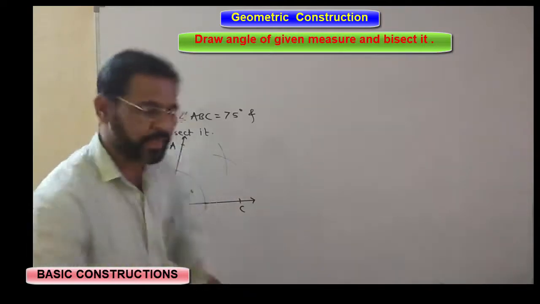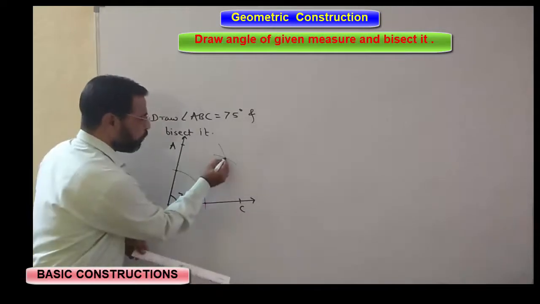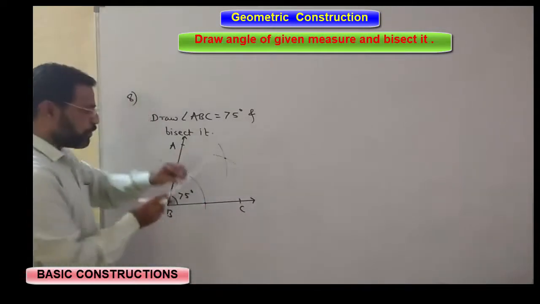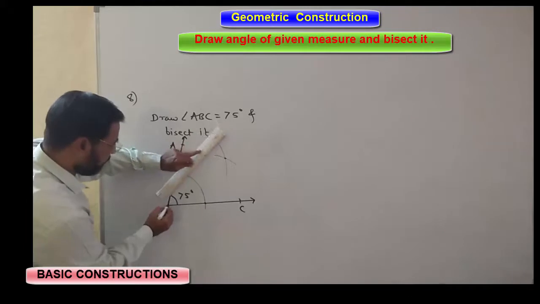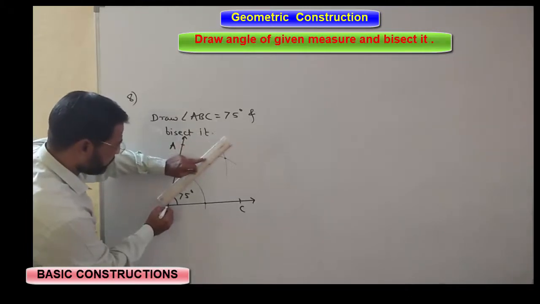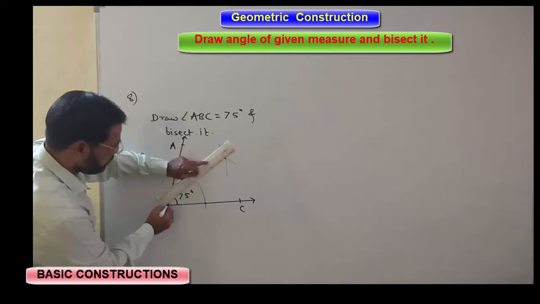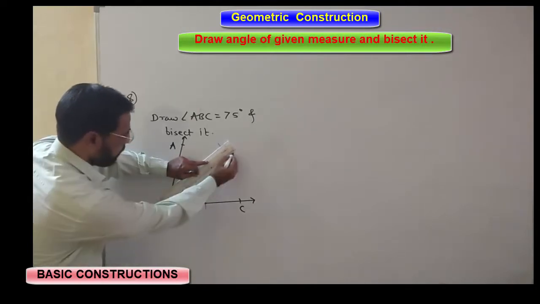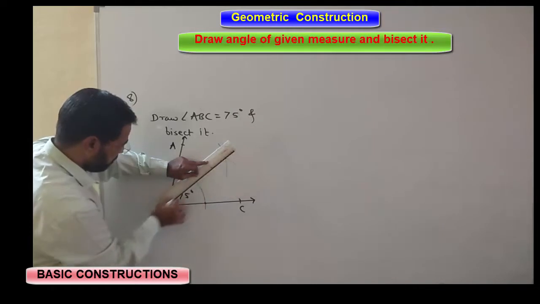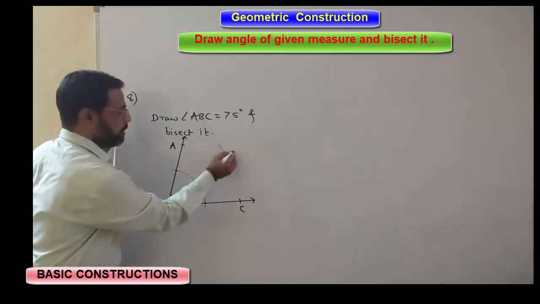That intersecting point and the vertex of that angle we join to get the angle bisector. Okay friends, see here, this is the angle bisector.